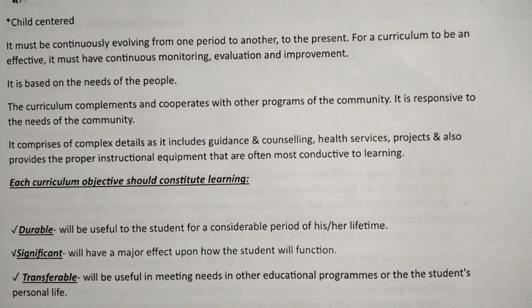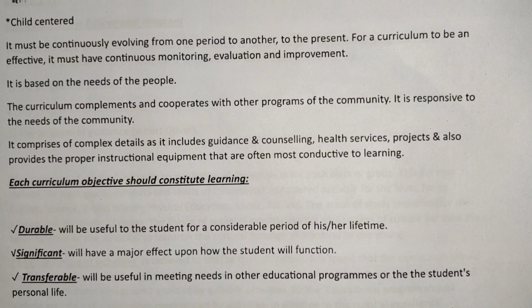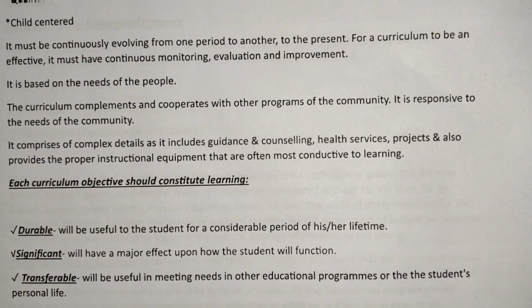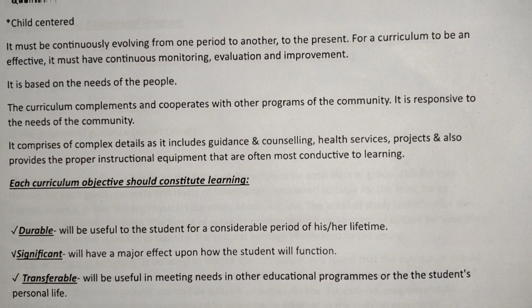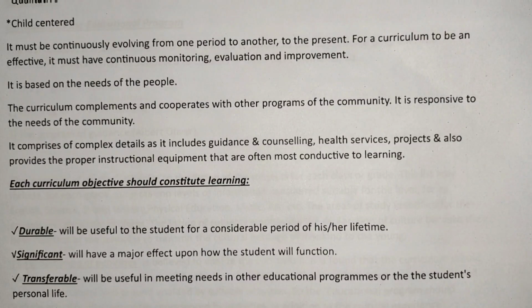Each curriculum objective should constitute learning. First is durable: will be useful to the students for a considerable period of his or her lifetime. Significant: will have a major effect upon the student, upon how the student will function.